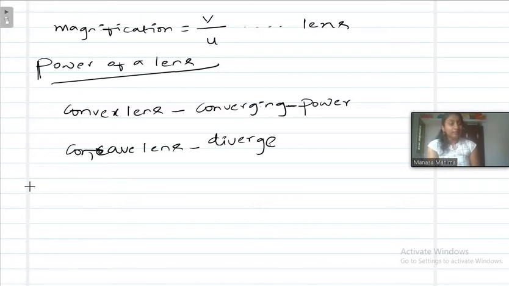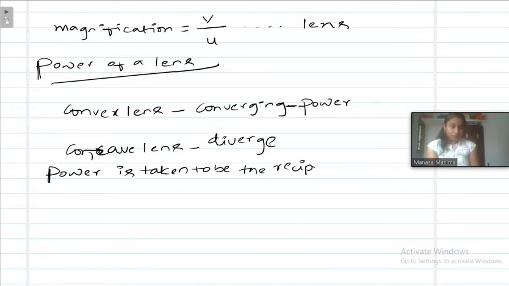Then how can you define the power? Power is taken to be the reciprocal of focal length. So how can you define that?